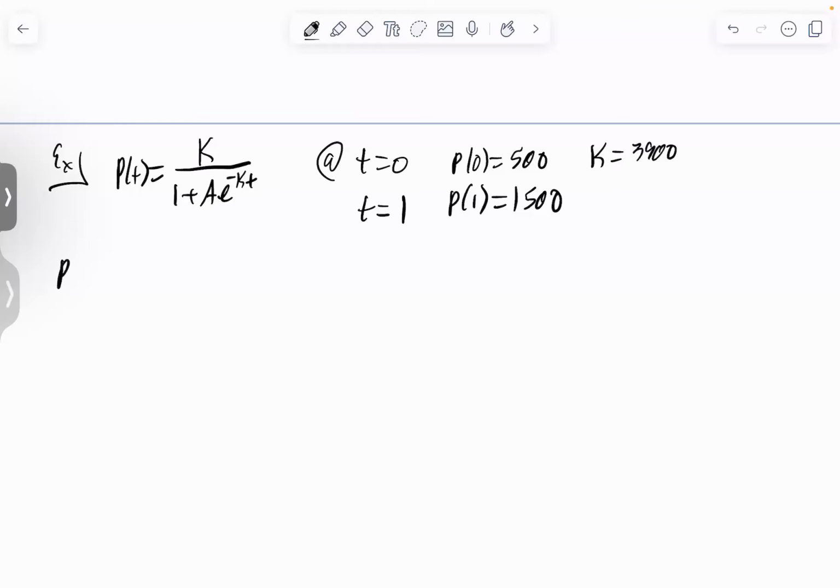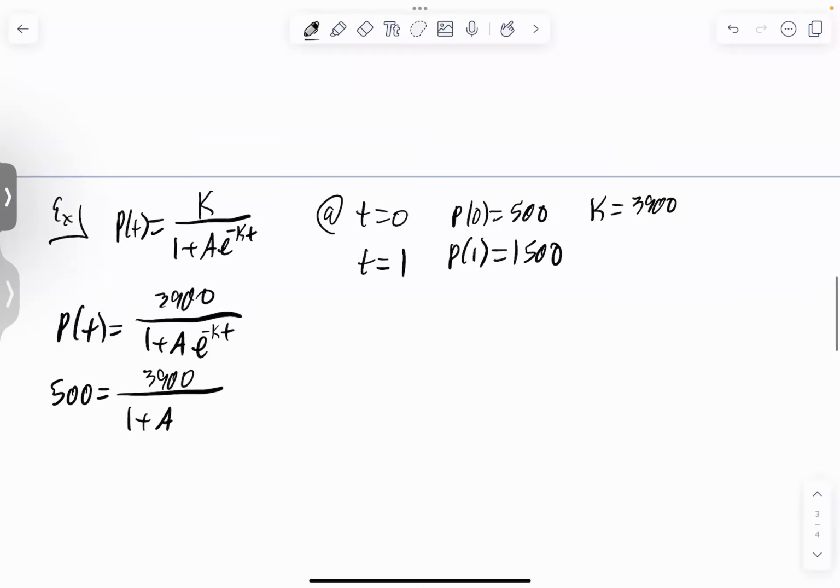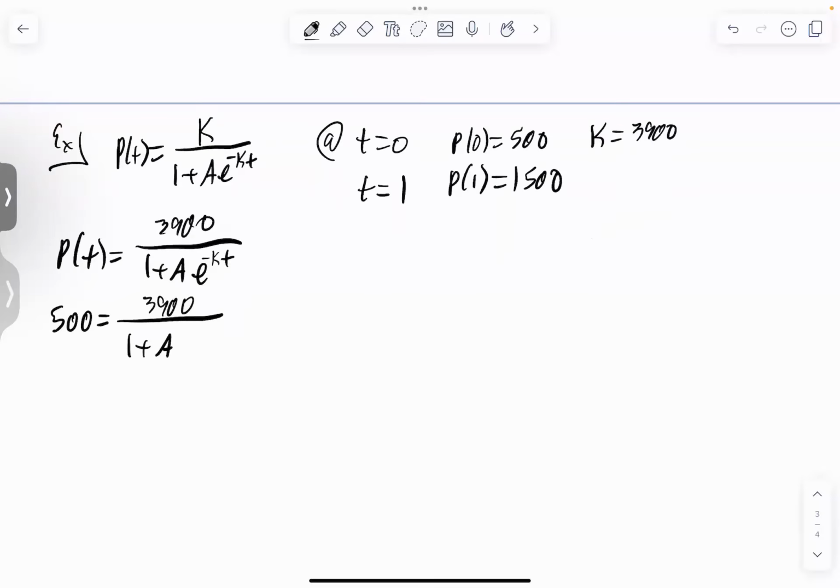So let's see, we're starting here. And we're going to start with our initial condition, meaning t equals 0, p equals 500. Now that's a times e to the 0 power because we're plugging in t is 0, and e to the 0 power is just 1. So we're here.